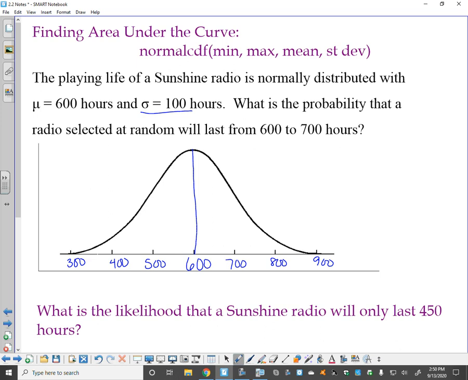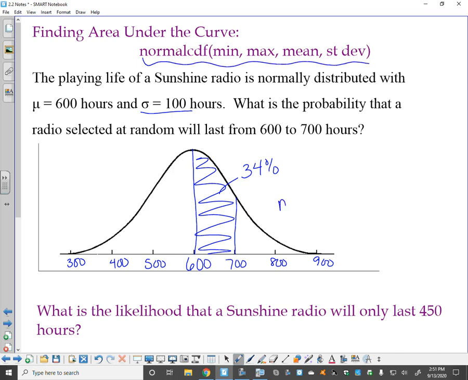So I'm looking at this area. Well, you know from the last video that that's 34%, because that's half of your 68%. So I can say that the probability that a radio selected at random will last from 600 to 700 hours is about 34%.